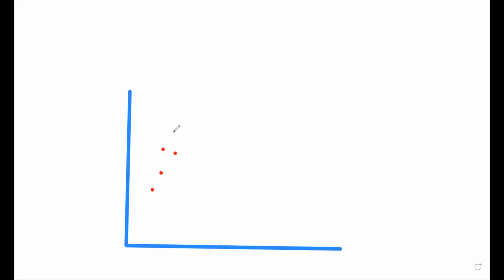If we see this type of distribution by looking at the graph, there is an indication that this data has serial correlation.